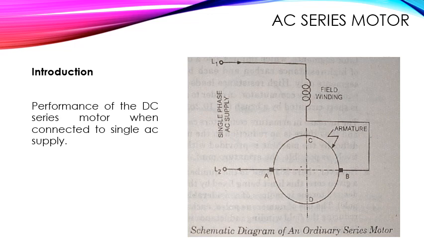Why? Because it has been found that the shunt motor develops quite little torque when it is connected to an AC supply. Whatever the general DC shunt motor is, when it is connected to the AC supply, it develops little torque.